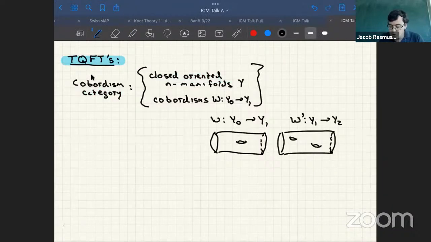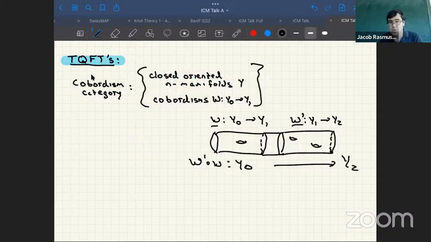And now if we have two cobordisms like this, say w and w prime, that go from y0 to y1 and from y1 to y2, well, these two copies of y1 are the same manifold, so we can just identify them and get a big cobordism, which we'll call w prime composed with w, going from y0 to y2.